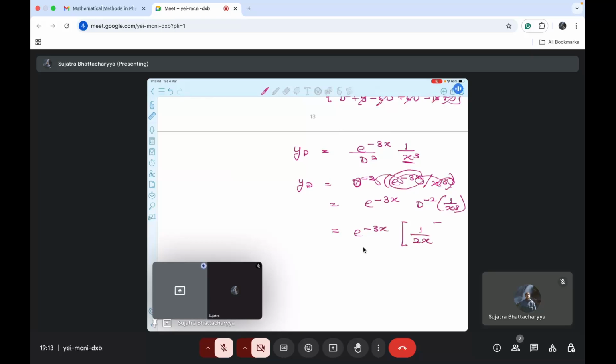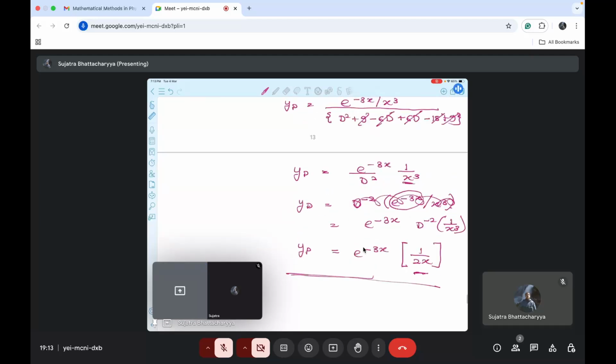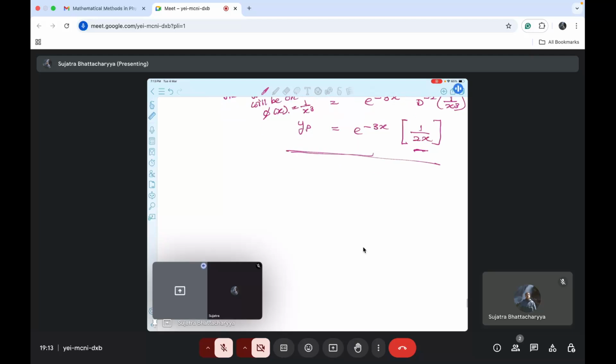If you integrate two times, you get this. Alright, so this is the way to find a particular solution. Remember, the operator will be on the phi of x, in this case which is 1 upon x cube. Done. This is rule number 4.